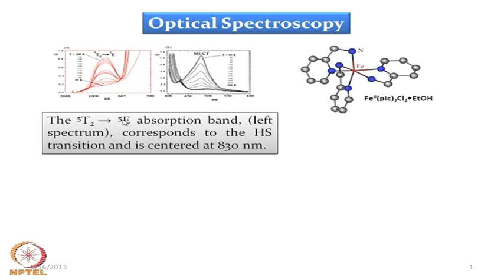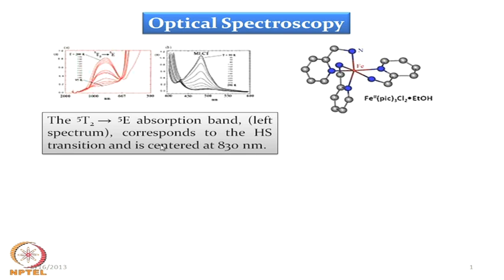So, 5T2, and another higher level term for this particular spectroscopic term is 5E, and we are not changing the spin state in this particular case, but it is the corresponding high spin state for this iron compound, and these two states are responsible for the high spin transition which is centered at 830 nanometer.